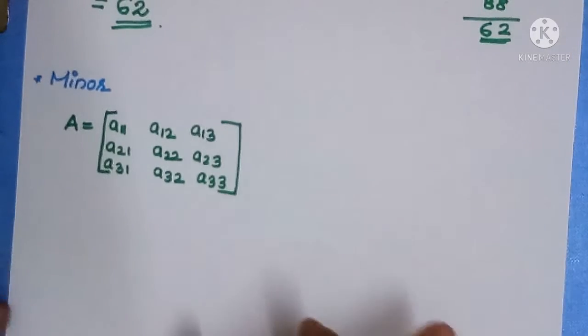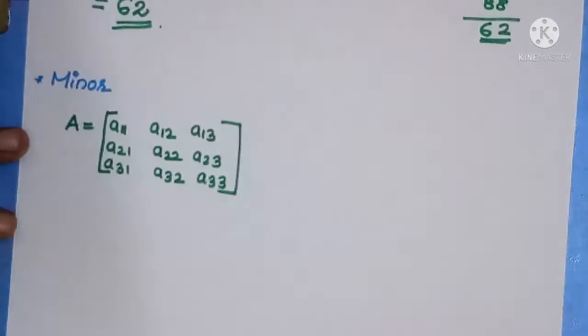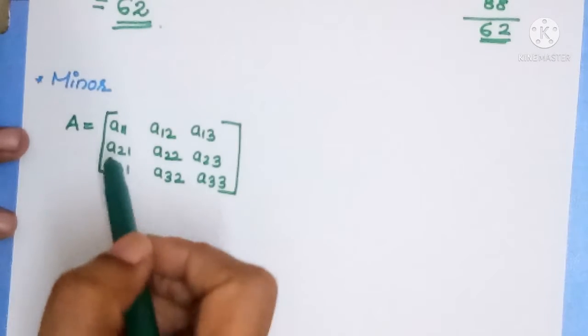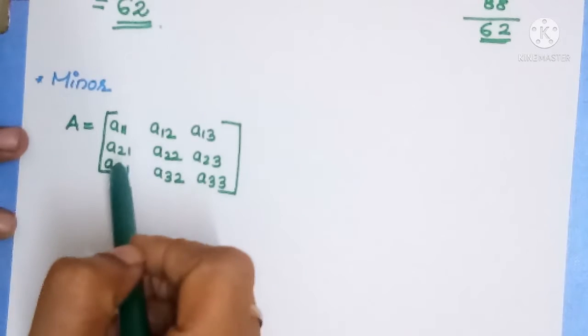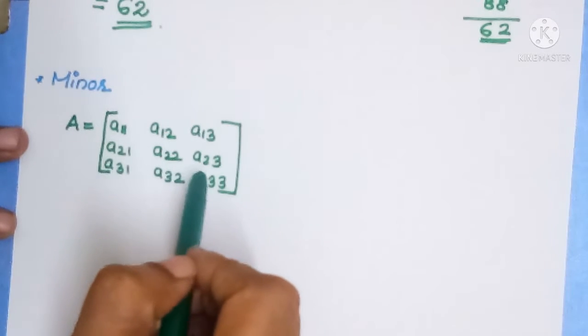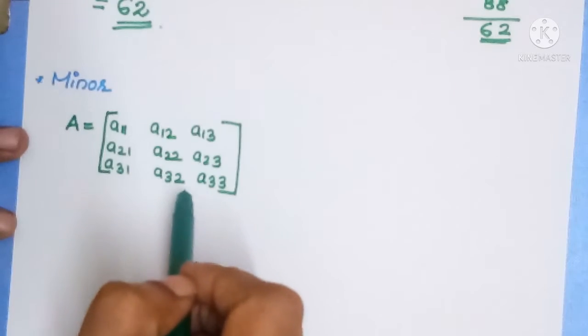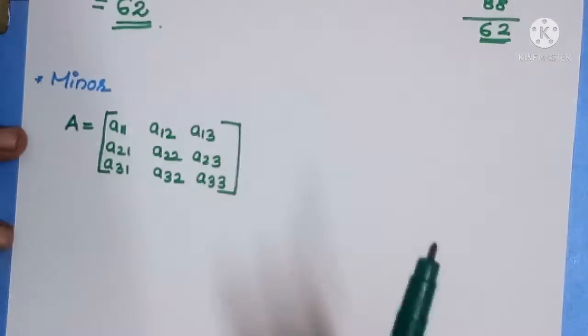Next concept, what is meant by a minor? Minor means, here I am taking a matrix A11, A12, A13, A21, A22, A23, A31, A32, A33.